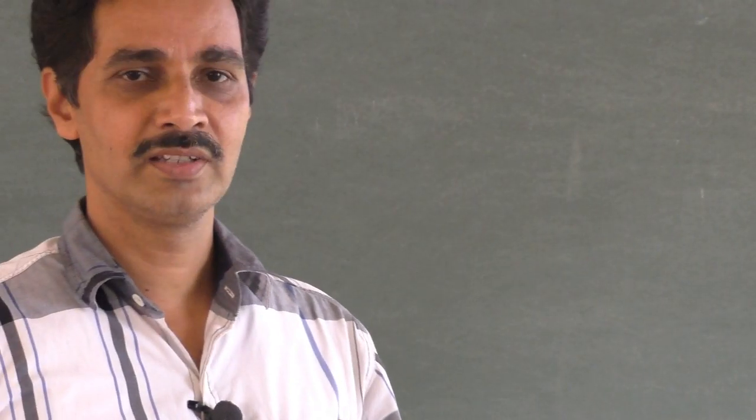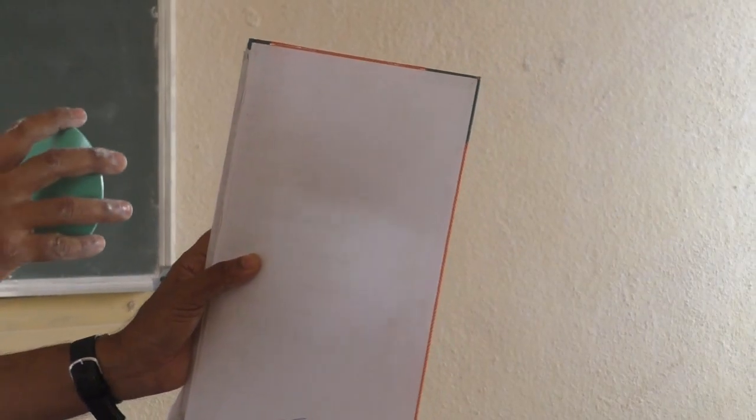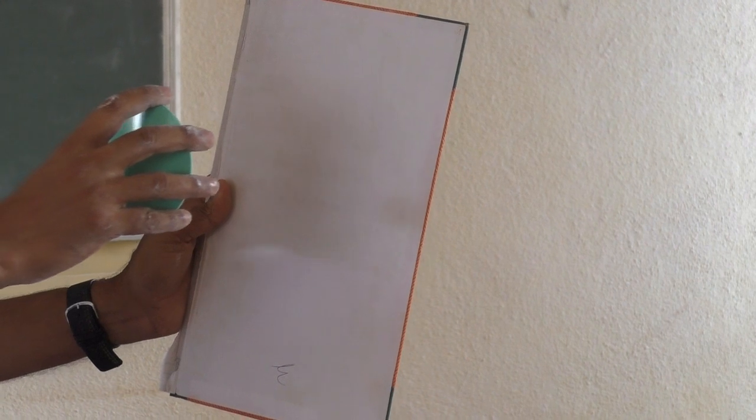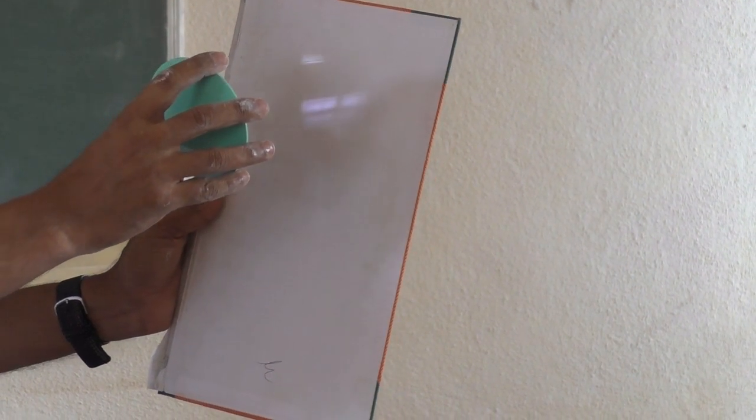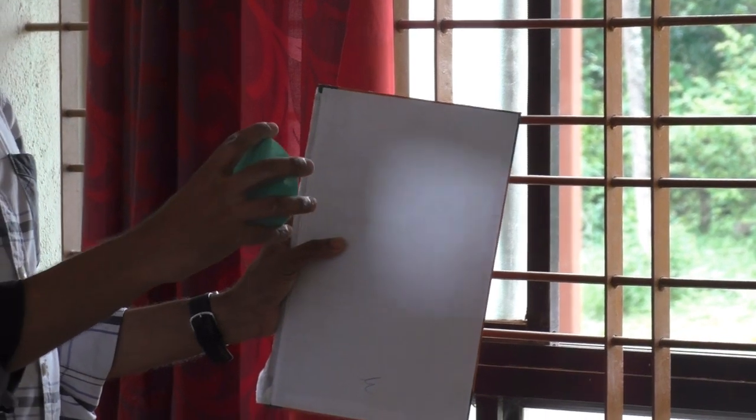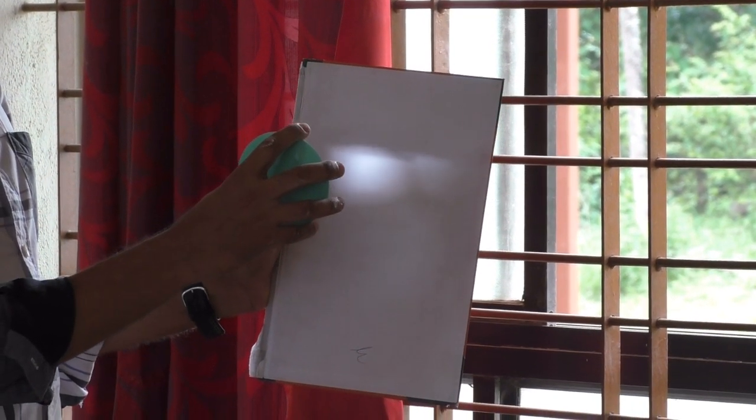Now suppose the object is outside the window, and I hold the mirror and try to get an image. Yesterday we did this in the previous class. I will take a little bit more light, I will come to this side. Let us try this here. So when you take an object here, you see this is a different type of image.